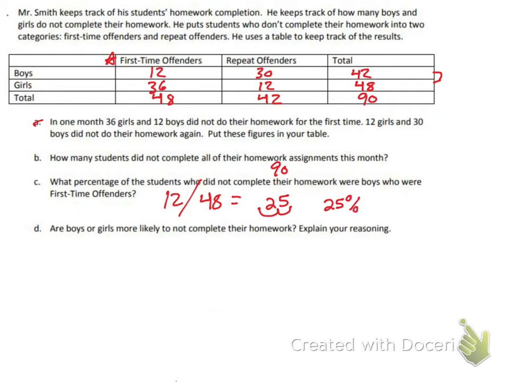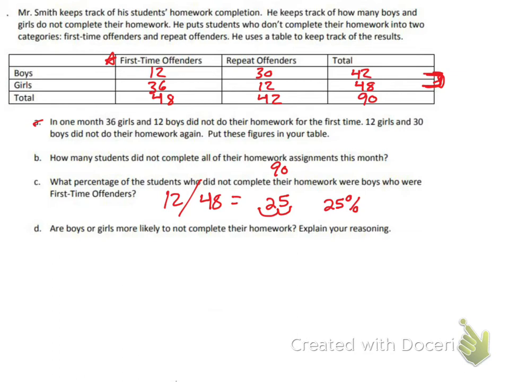And then it says, are boys or girls more likely to not complete their homework? Explain your reasoning. I would probably just look at the totals here, and it looks like the girls have a higher total, but you could get more in depth.